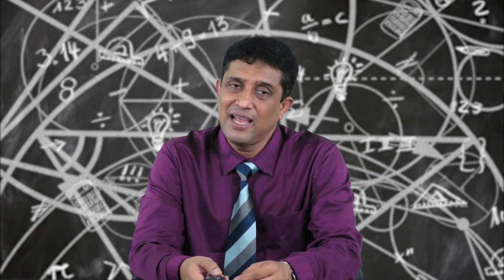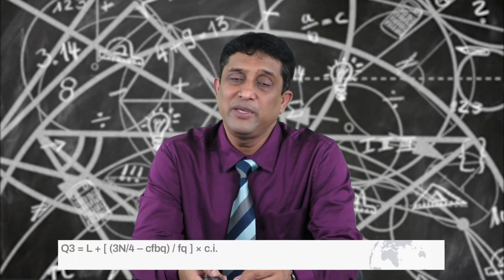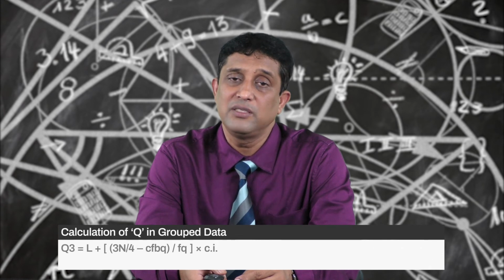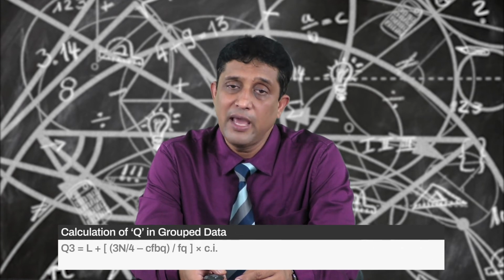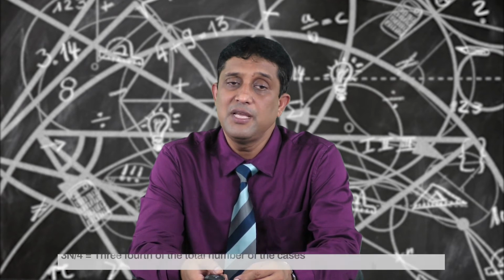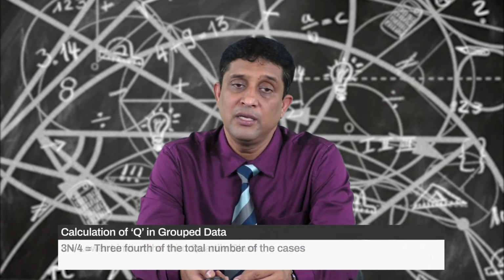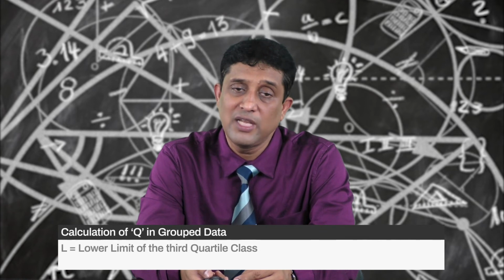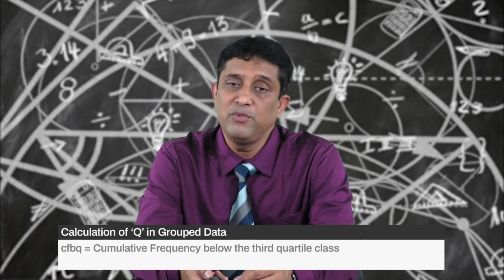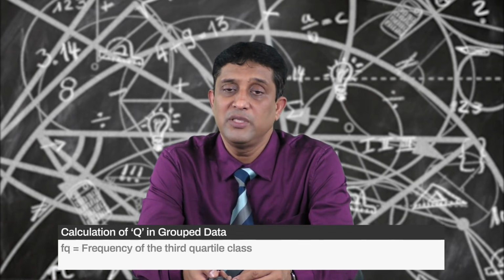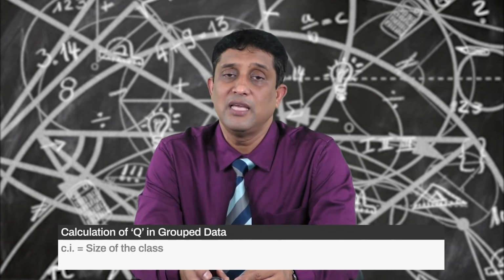Accordingly, the formula of Q3 is L plus 3N by 4 minus CFBQ3 upon FQ3 into CI. 3N by 4 is 3/4 of the total number of cases, and L is the lower limit of the third quartile class. CFBQ is the cumulative frequency below the third quartile class. FQ is the frequency of the third quartile class, and CI is the size of the class.